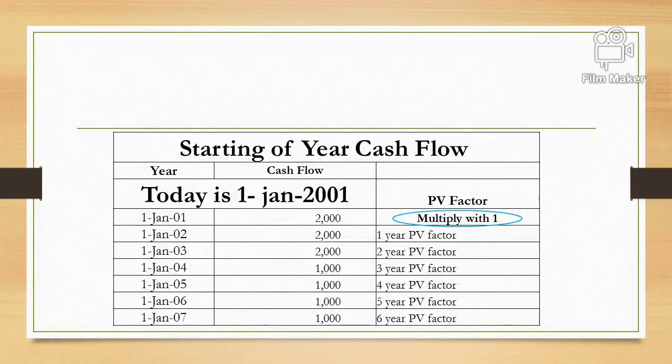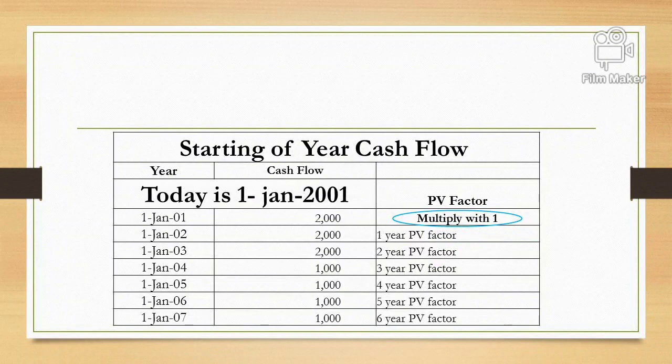So let us say this is 1st January 2001 and the company has decided to give us the income in the beginning of the year. The moment we buy the investment today, the company will pay us 2,000 rupees today itself. So this itself is present value, so there is no need to find the present value of this.